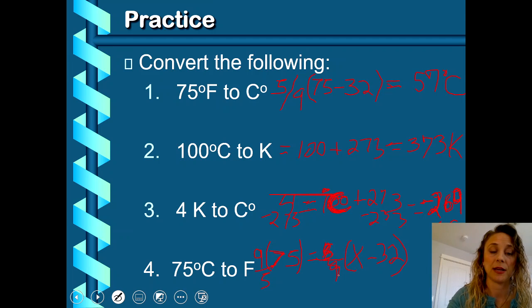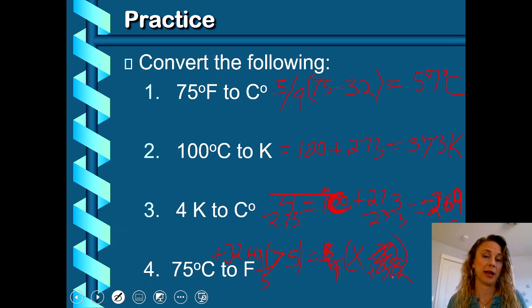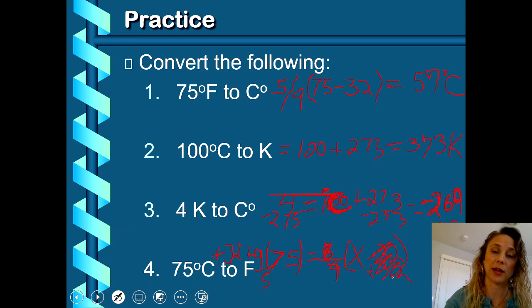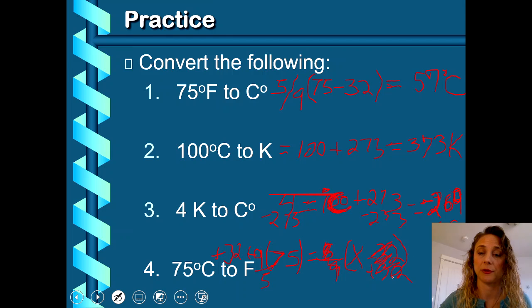And then you're going to take 75 times 9 divided by 5. And then we're going to add 32, because you had to add 32 to both sides to get rid of that. So X, which is Fahrenheit, equals all that. See if you can put that into your calculator and try it. You might want to pause the video and try it to make sure you're getting the right answers, or try it later on. Okay, I get 167 degrees Fahrenheit.